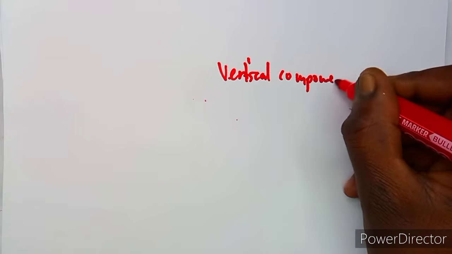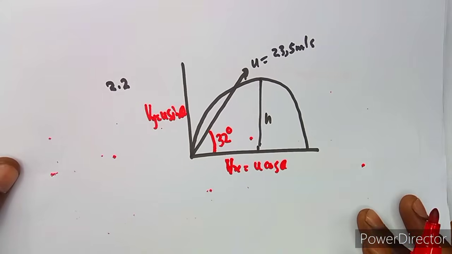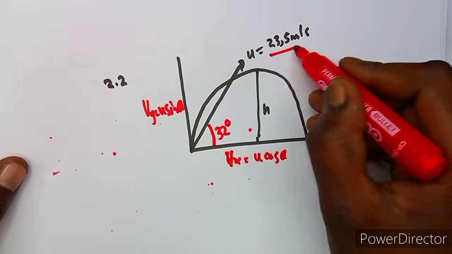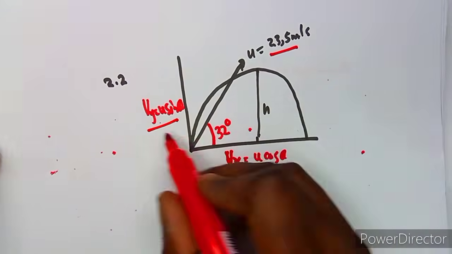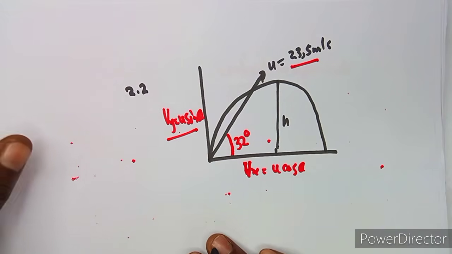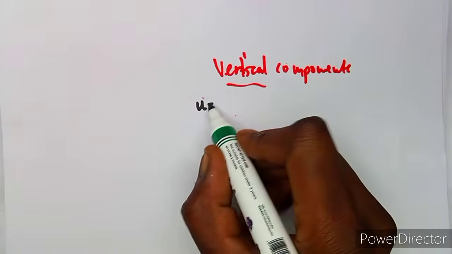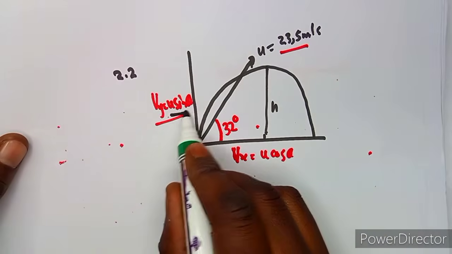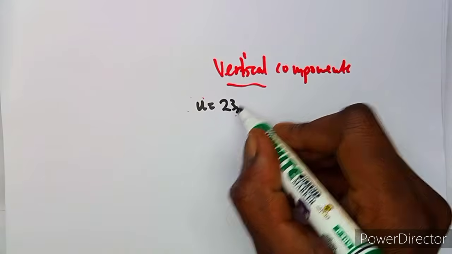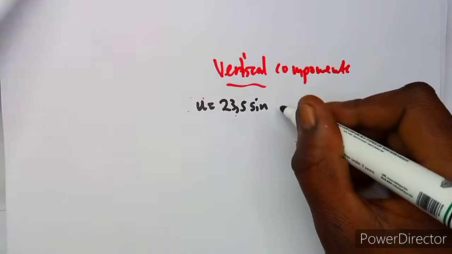The initial vertical velocity is u sine theta, which is 23.5 sine 32 degrees.